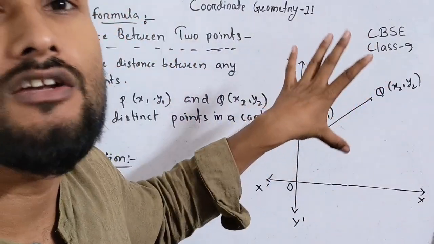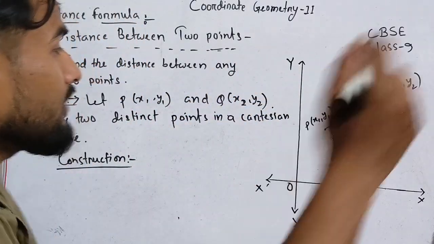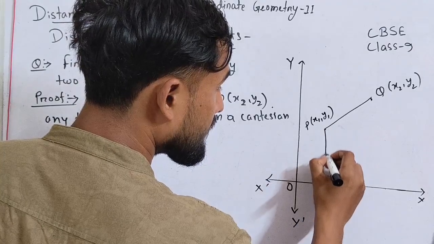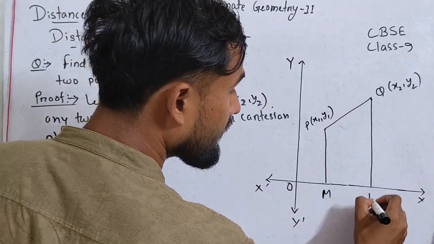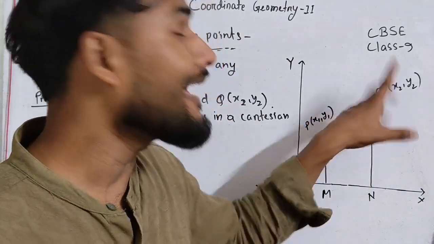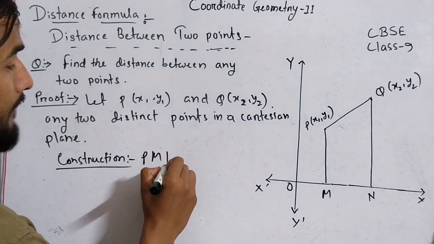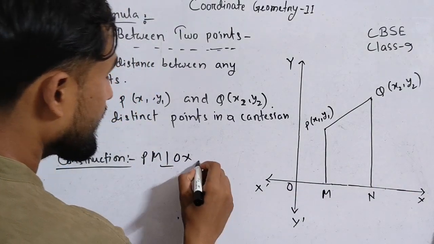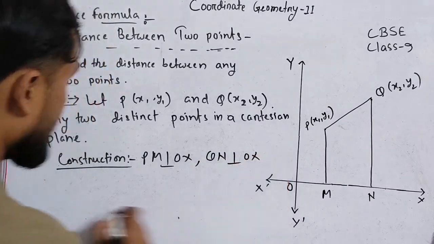Now let's construct something to prove. Directly we can't find out the value of PQ. Let's draw PM and QN perpendicular from P and Q. We can write like that: PM perpendicular to OX, on the x-axis, and QN perpendicular to OX.